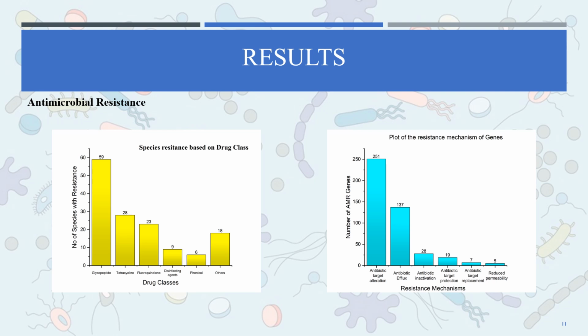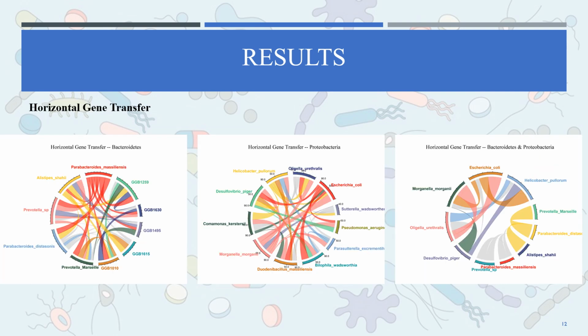And going ahead with horizontal gene transfer, where I've tried to prove the hypothesis of a wet lab experiment, where they said the horizontal gene transfer occurs only between species of the same phyla.